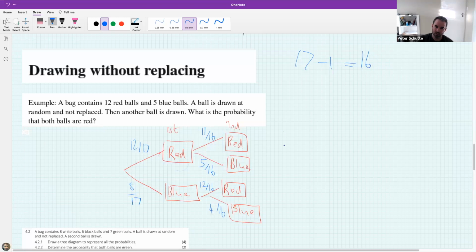So I want you to answer this question. What is the probability of getting a red ball, taking it out, and then choosing a red ball on the next go? Let me know in the chat what you get.